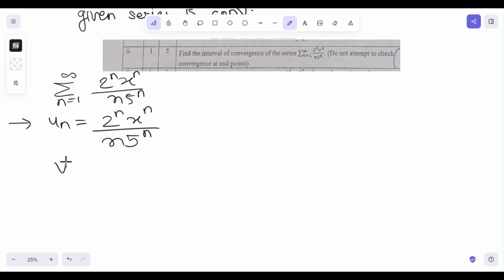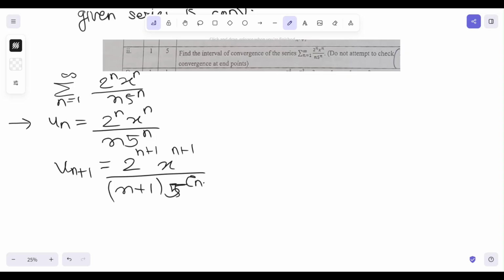So now as we are using the ratio test, you have to calculate the un plus 1, that is 2 raised to n plus 1, x raised to n plus 1, upon n plus 1 into 5 raised to n plus 1.